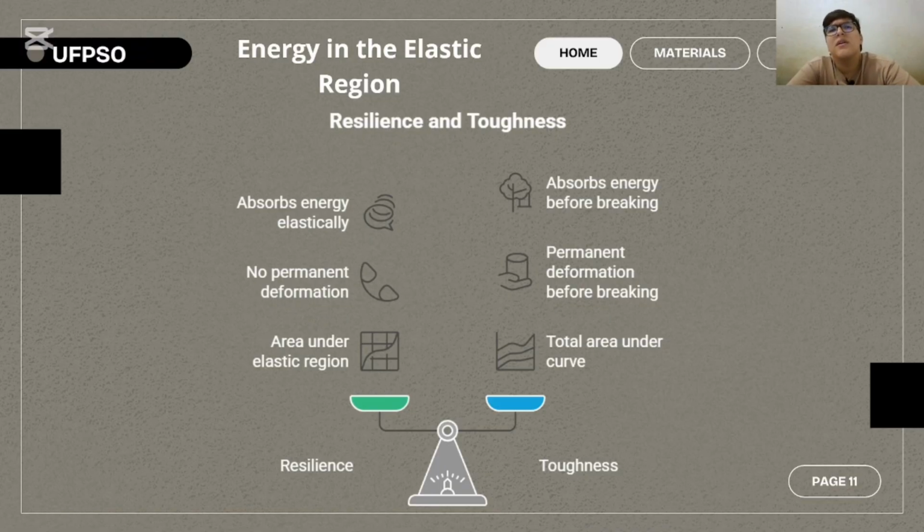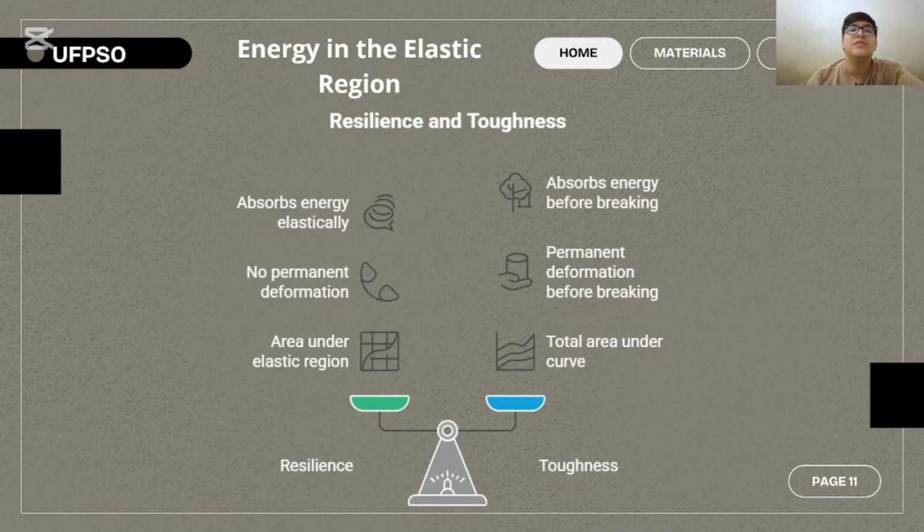In other words, it is the measure of how much energy the material can store without undergoing a permanent deformation. In the stress-strain graph, resilience corresponds to the area under the curve in the elastic region, that is, up to the elastic limit or yield point.